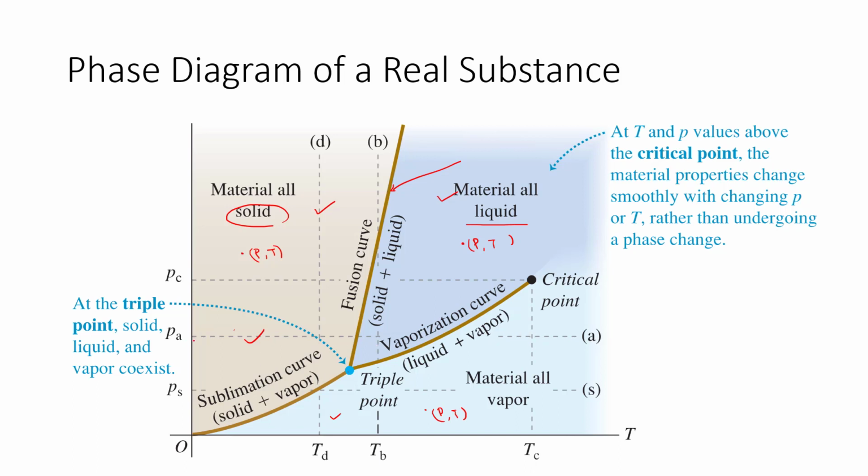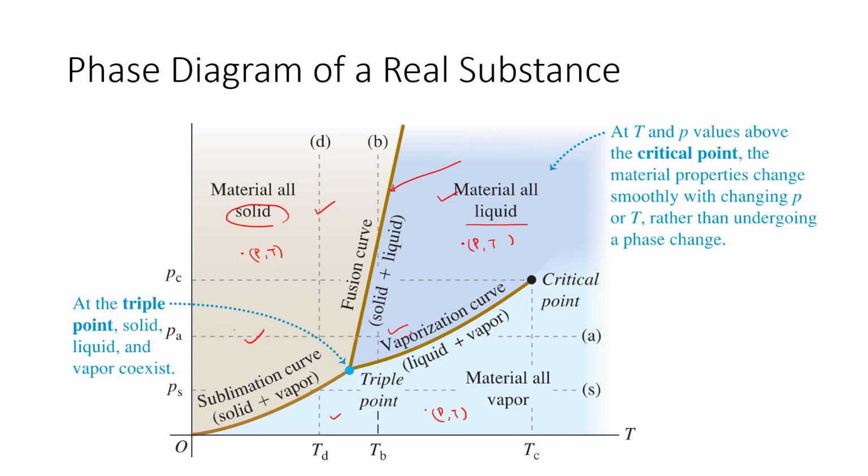We need to go from left to right because we are increasing the temperature. So initially it's in solid phase, and then it goes to liquid phase, and it crosses this vaporization curve, and it goes to the vapor state. The melting and boiling temperatures at this pressure are the temperatures at which the line intersects the fusion and vaporization curves respectively.